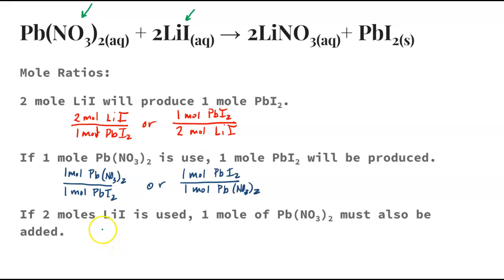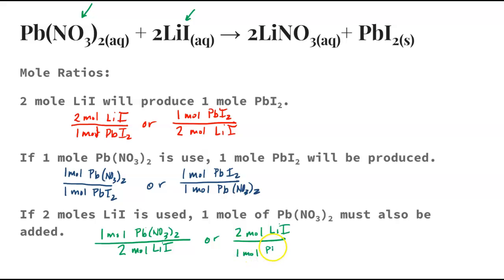So let's use those as conversion factors. 1 mole PbNO3. If you have 1 mole of PbNO3, you need to have 2 moles of LiI, or if you have 2 moles of LiI, it requires 1 mole of PbNO3. Okay?